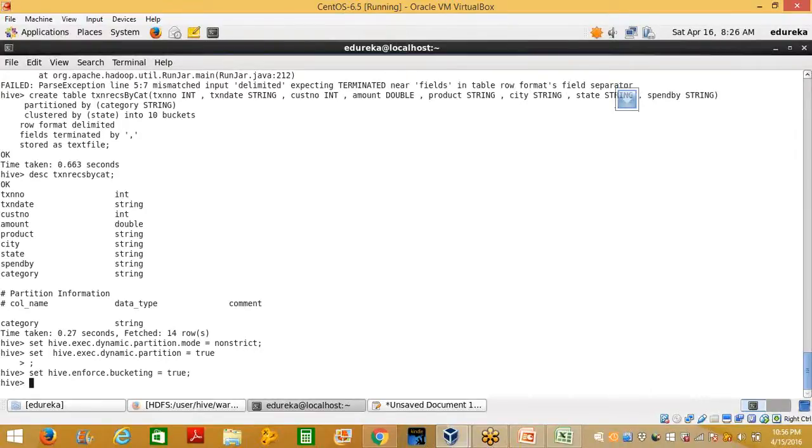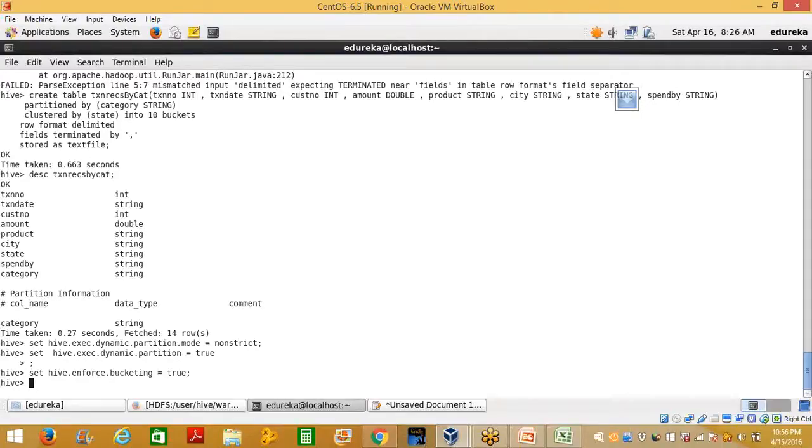So Shashank, what is the first one telling? You're putting it into non-strict mode. When I put it into non-strict mode, what does it mean? You can either use a where clause or not use a where clause.